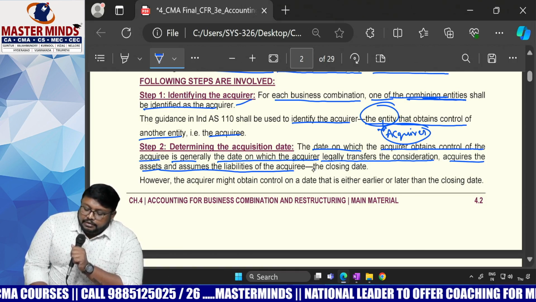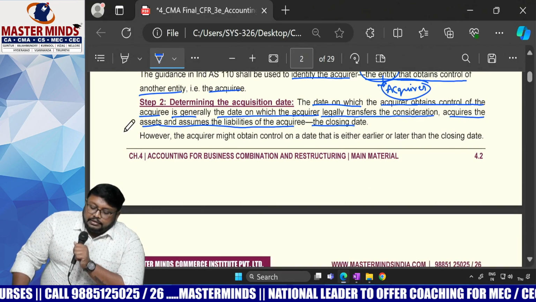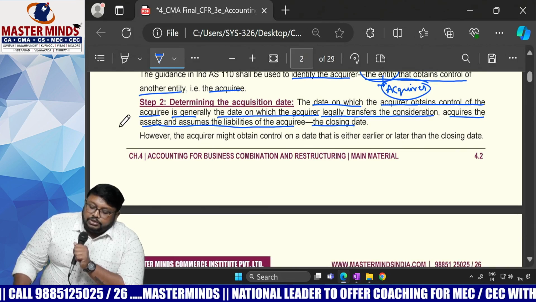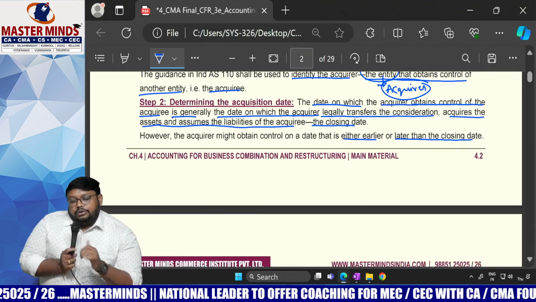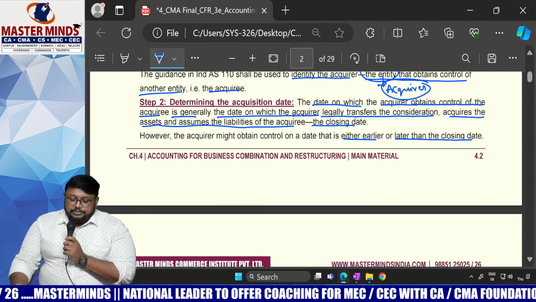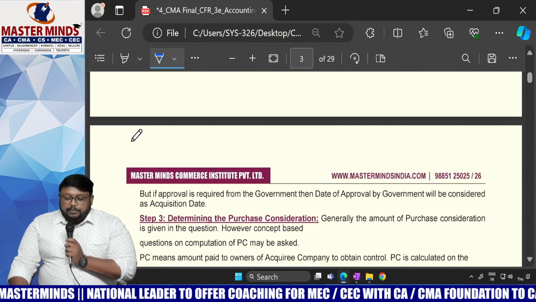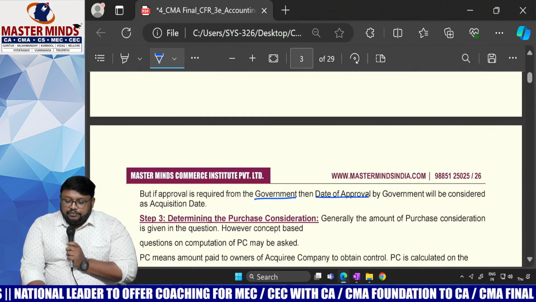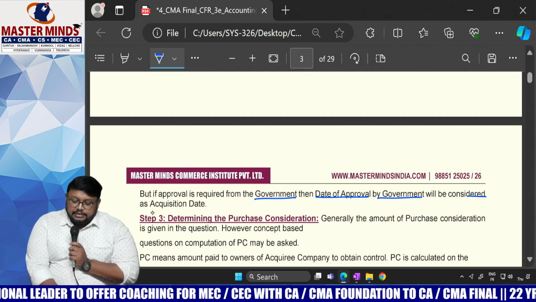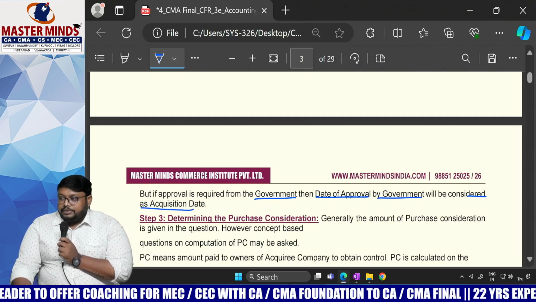That will be the closing date. However, the acquirer might obtain control on a date either earlier or later than the closing date, depending upon the scenario. But if approval is required from the government, then the date of approval by the government will be considered as the acquisition date.